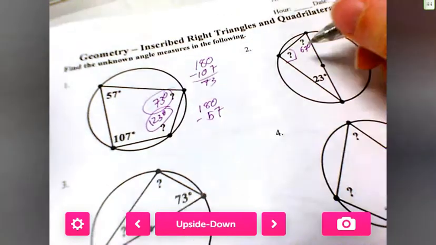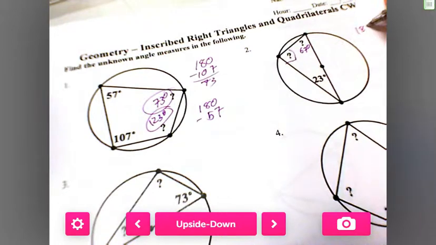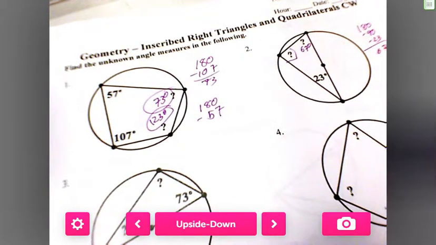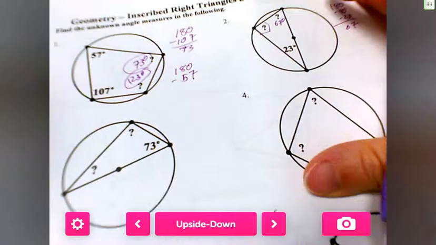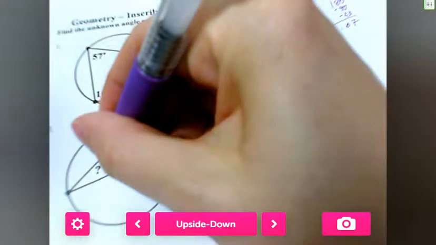I said this has to be 90 because it's across from the hypotenuse. So I did 180 minus 90 minus 23 ends up with 67 degrees. Same for number 3. 180 minus 73 minus 90 gives us 17. This has to be 90.